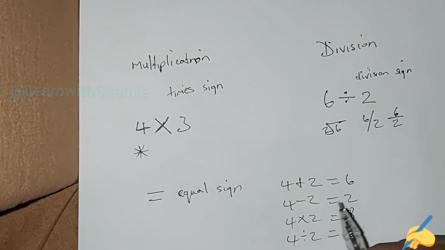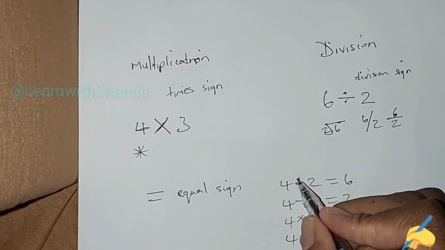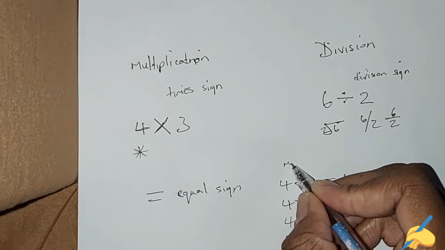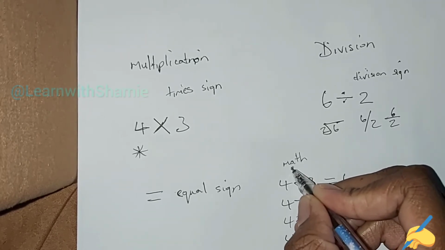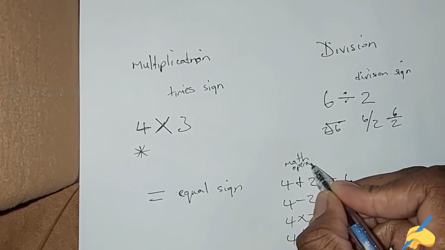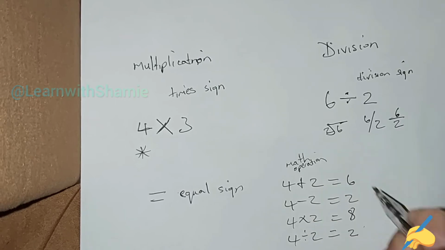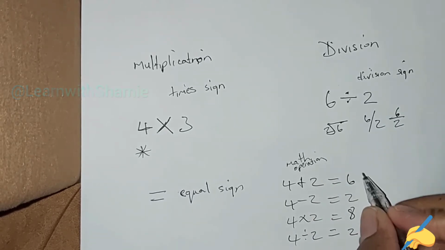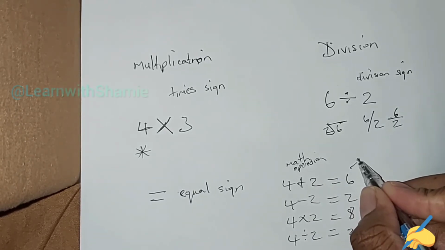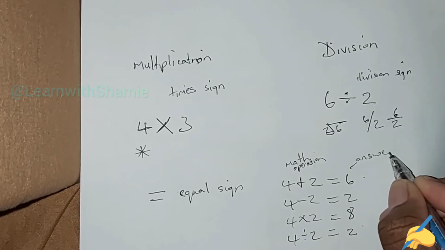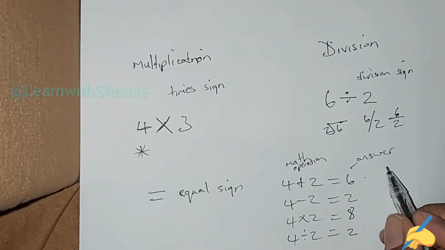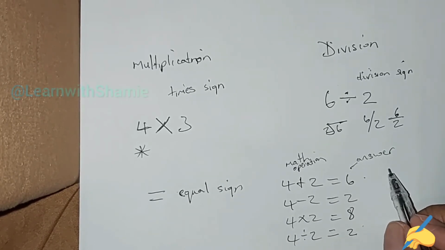So on the left side of the equal sign, you have the math operations, and on the right of the equal sign, you have the answer to the operations once they are done.